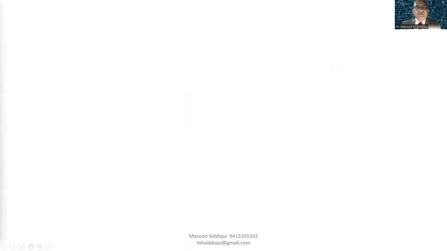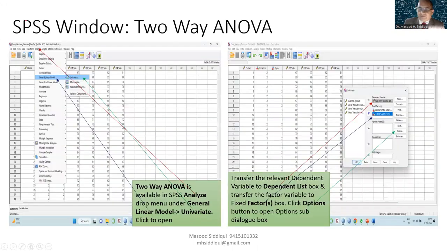So here, for the first factor, that is location.